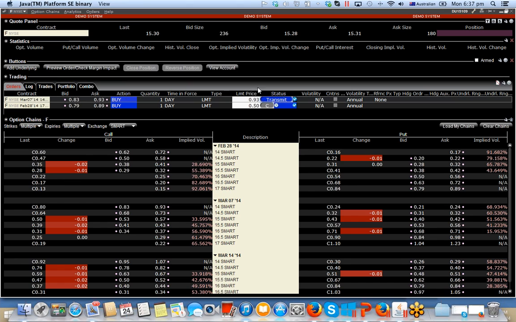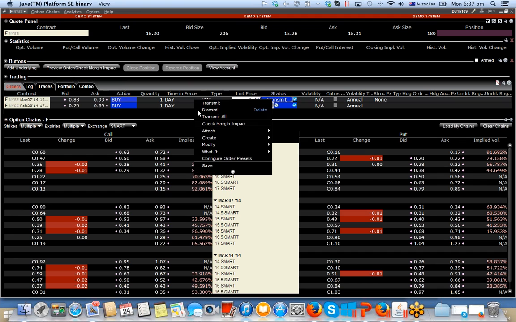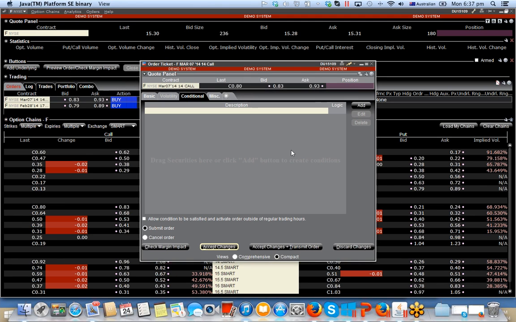Of course, if you just transmit as a limit, there will be no conditions attached, but we need to attach conditions. So we click modify, and then you create a condition. Right click, modify, and then condition. And then the field with conditions just appeared.